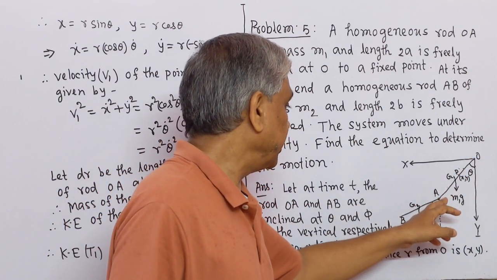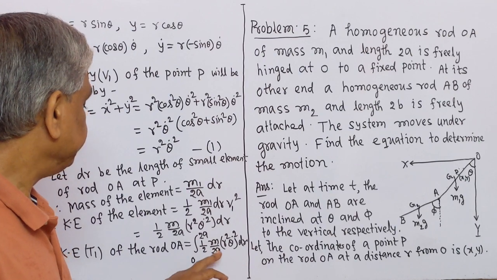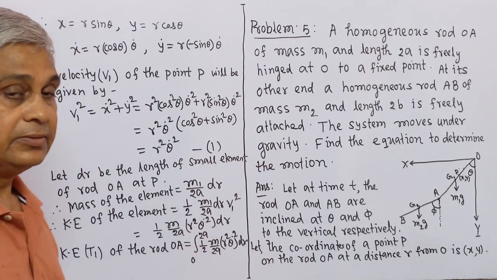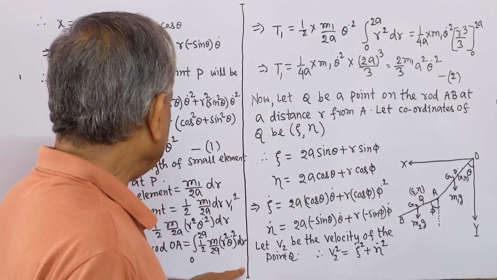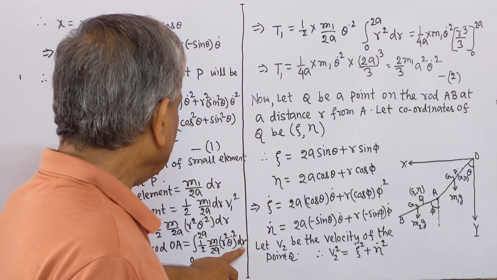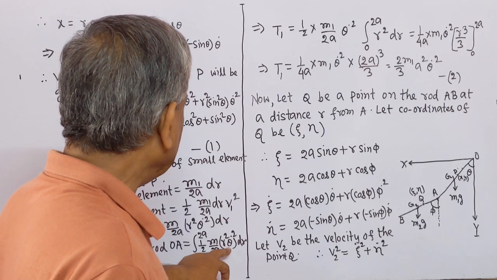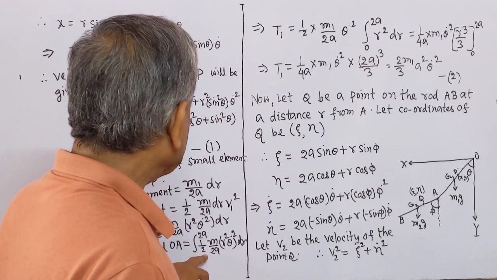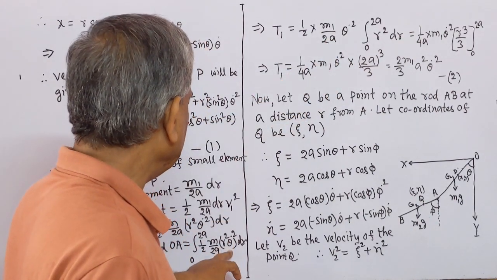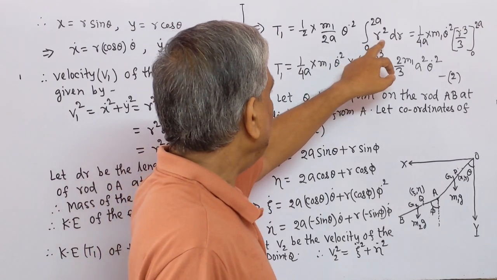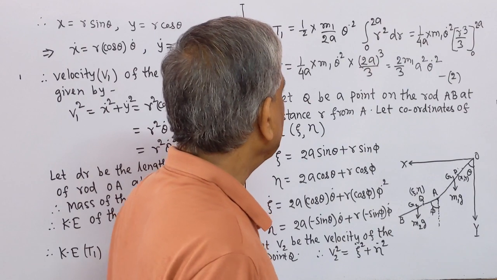Taking out the terms not containing r, T1 equals half M1 by 2a theta dot square times the integral of r square dr from 0 to 2a.